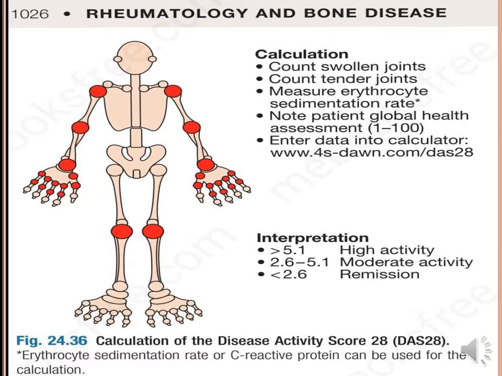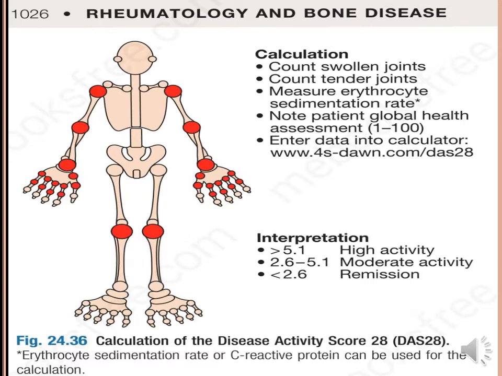We have to count the number of swollen joints, count tender joints, measure ESR, and note the patient global health assessment, which is scored between 1 and 100. This is a subjective assessment in which the patient is given a proforma, tells his symptoms and scores his disease between 1 to 100. This data is entered into a calculator which is easily available on the web by the name of DAS28 calculator.